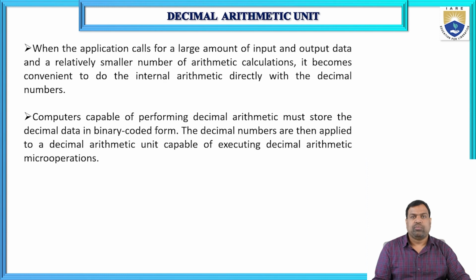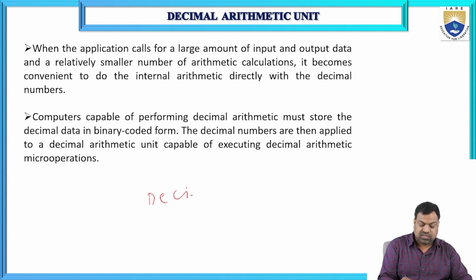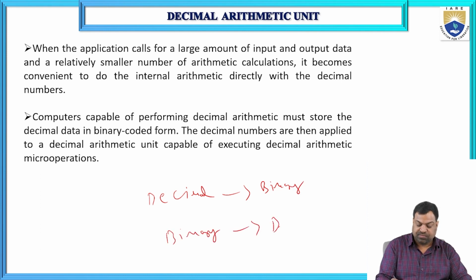Computers capable of performing decimal arithmetic must store the decimal data in binary coded form. The decimal numbers are then applied to a decimal arithmetic unit capable of executing decimal arithmetic microoperations. So what is happening? Always we are converting from decimal to binary, binary to decimal. But why are we doing this?